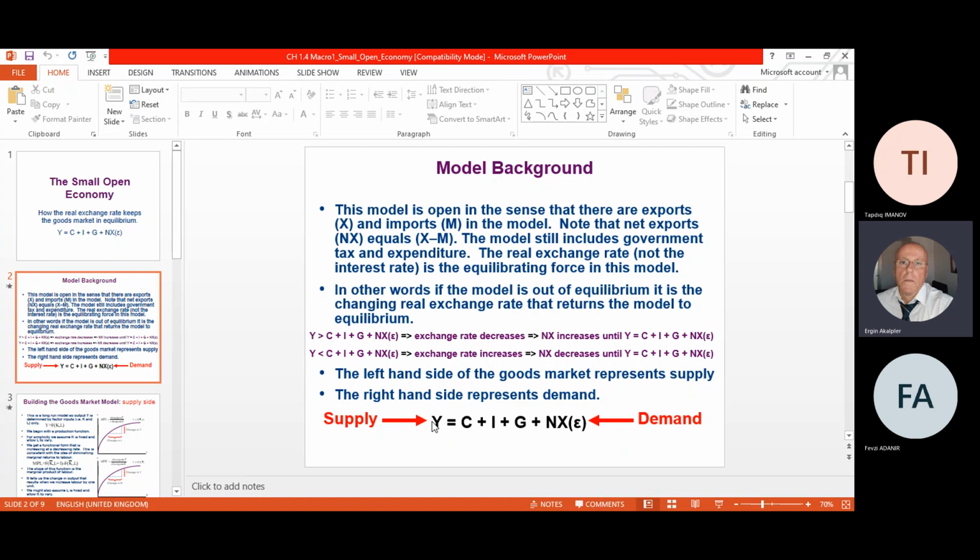The model still includes the government as defined, the tax, so-called the tariff, non-tariff measures, everything which is subjected to the trade relations.